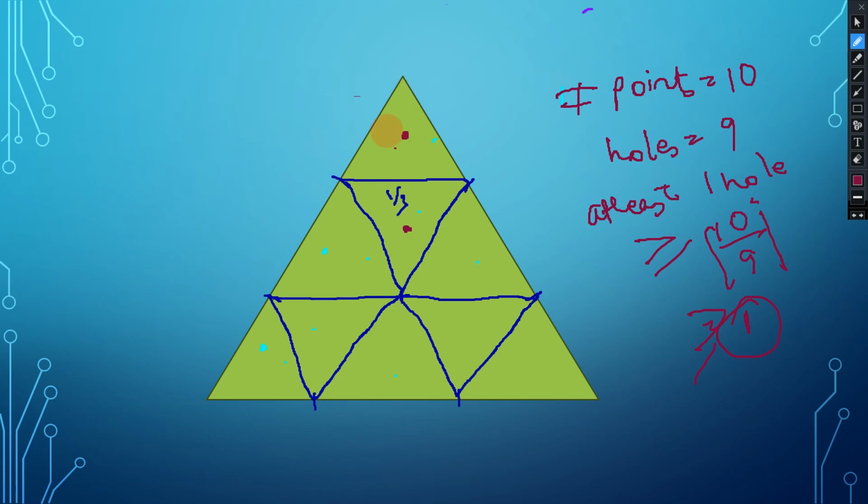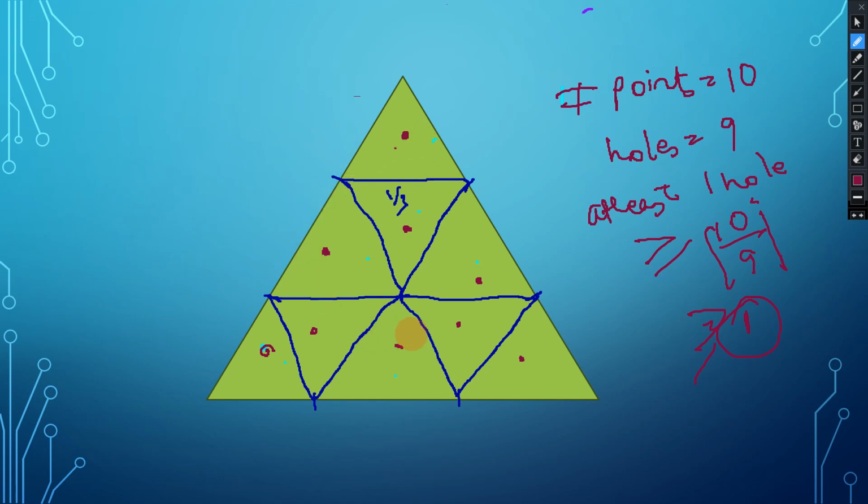So if I see the worst case distribution where I give 1 point in every hole, how many? 1, 2, 3, 4, 5, 6, 7, 8, 9. This is the worst case distribution. In all other distributions, there will be a minimum of 2 pigeons inside the same hole. Just think about it. Pause and think about it.